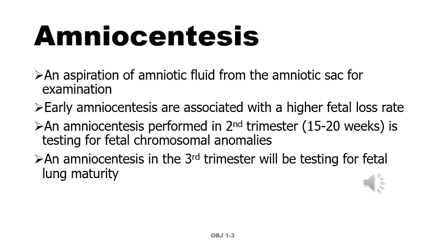The earlier you do an amniocentesis, the more chance you have of risking a fetal loss. An amniocentesis performed in the second trimester, somewhere between 15 and 20 weeks, is typically testing for fetal chromosomal anomalies. An amniocentesis in the third trimester, you will be testing for fetal lung maturity.